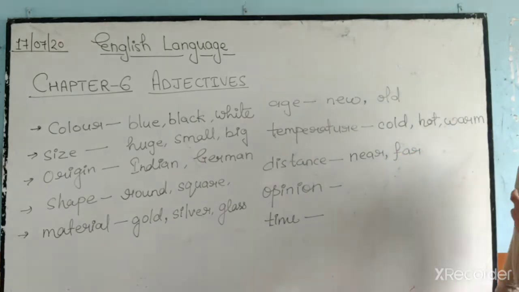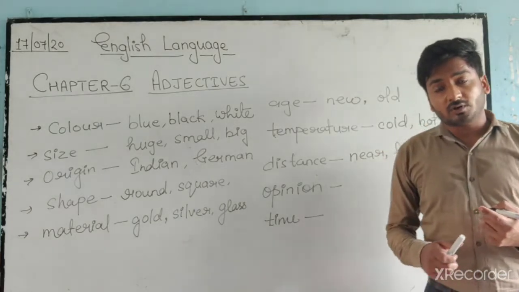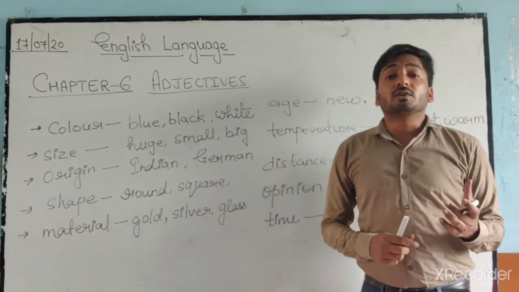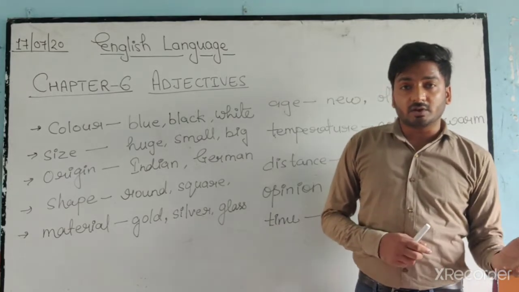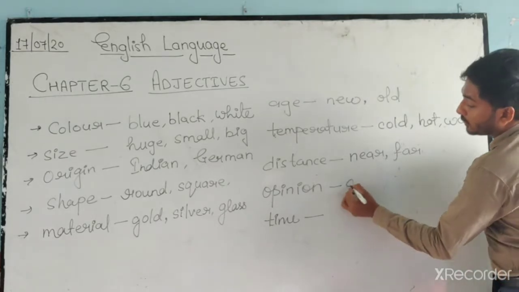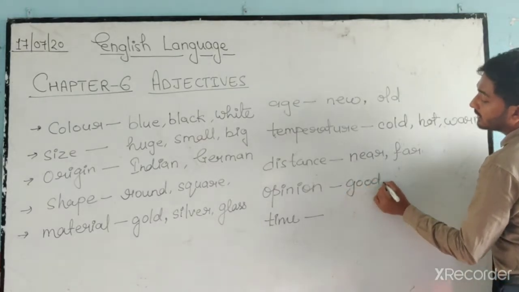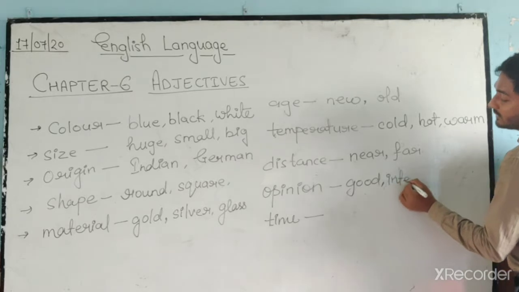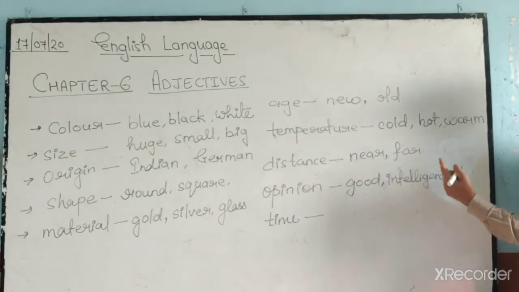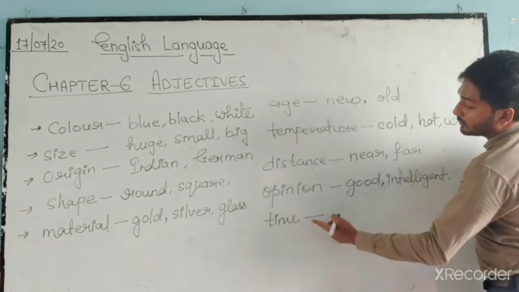Opinion: what we think about a person or thing through its behavior or manners. We can say he's a good boy, she is an intelligent girl, excellent, and many more.